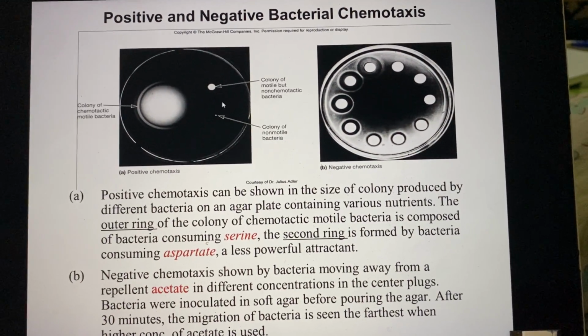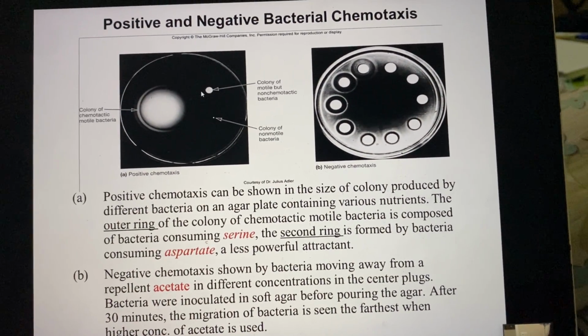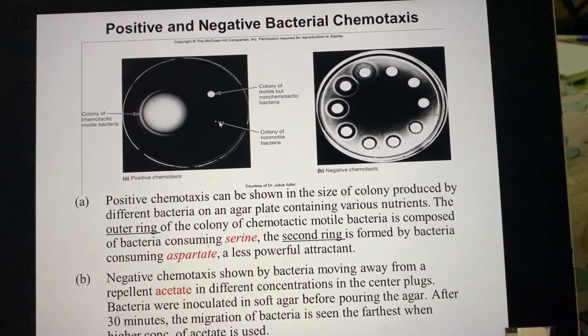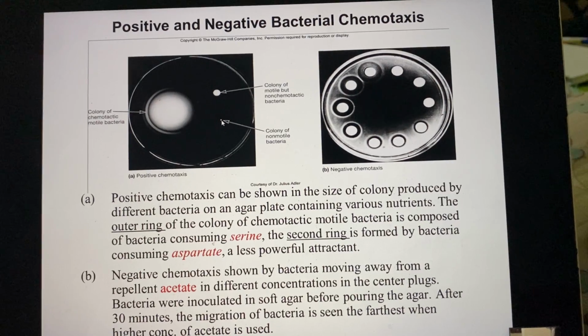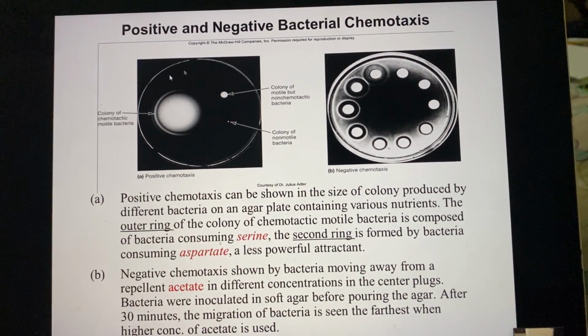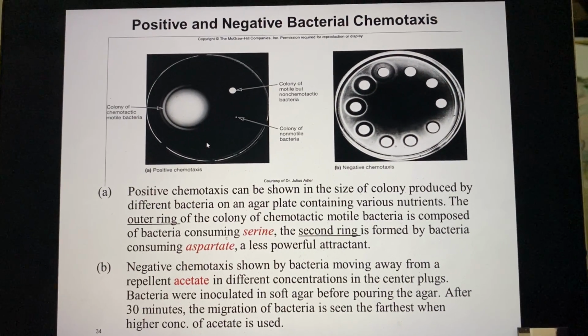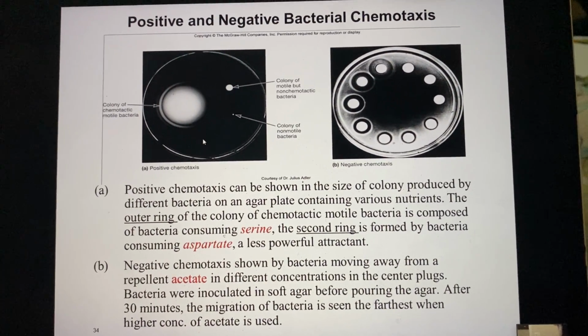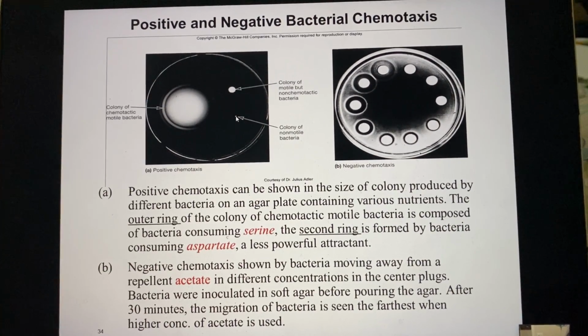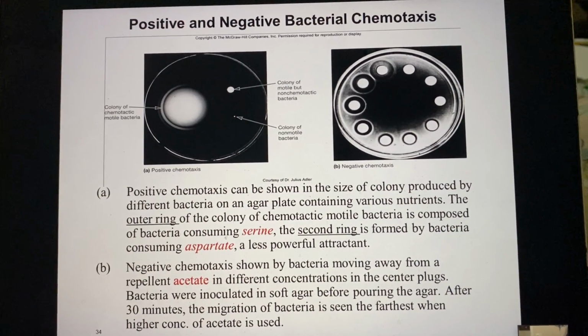Here is a petri dish where three bacterial colonies are being represented. Here is a colony of a non-motile bacterium. You will usually see it to be small. Now these media are very soft media, not your hard, regular agar plates that we have. You can see a smaller colony when the bacterium is non-motile.